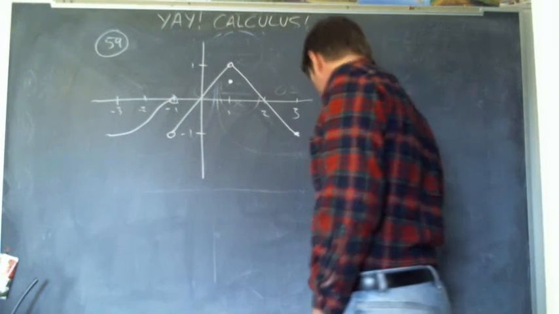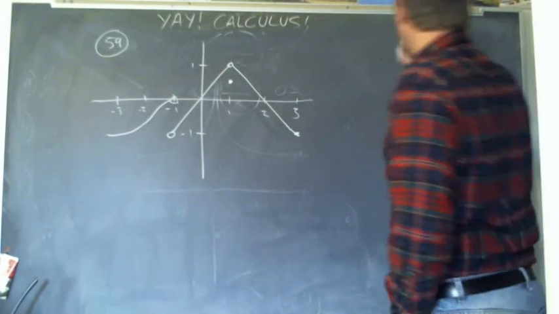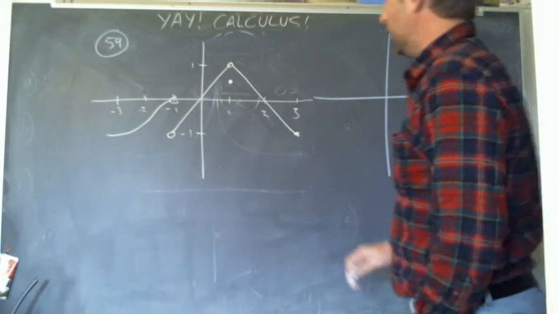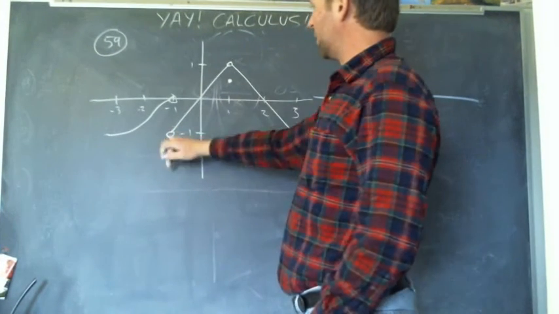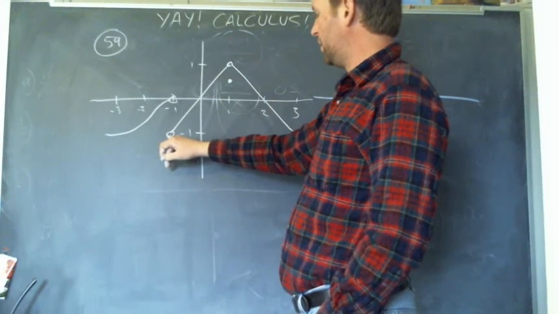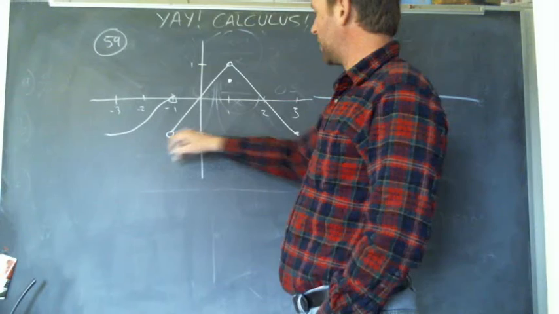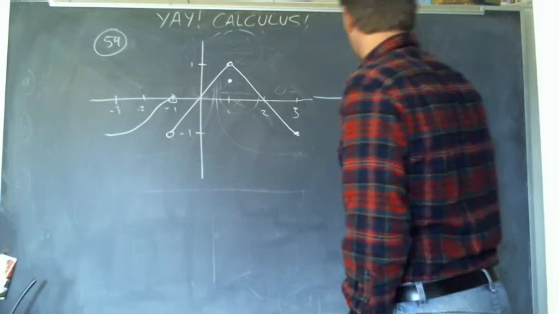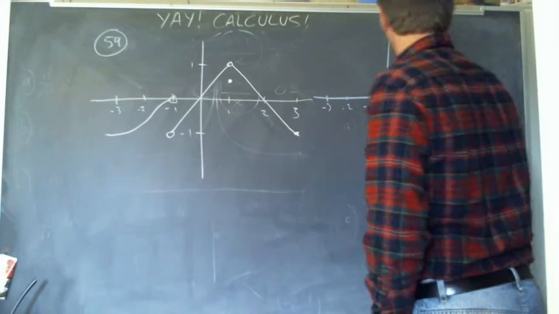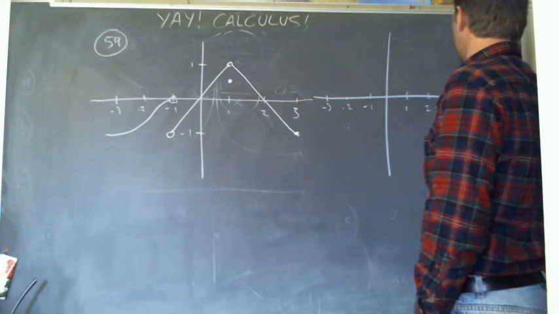So we need to find the graph of all the derivatives. So this is good old y equals x. So the derivative, or the slope, from -1 to 1 is just 1. So, -3, -2, -1, 1, 2, 3.